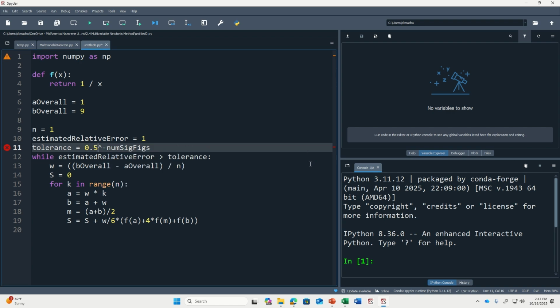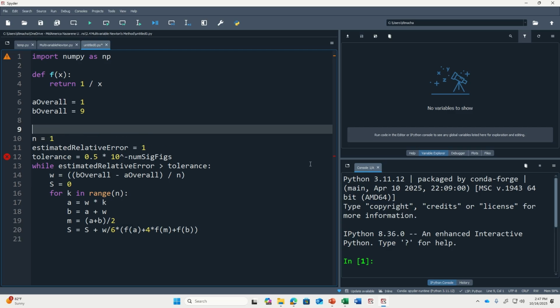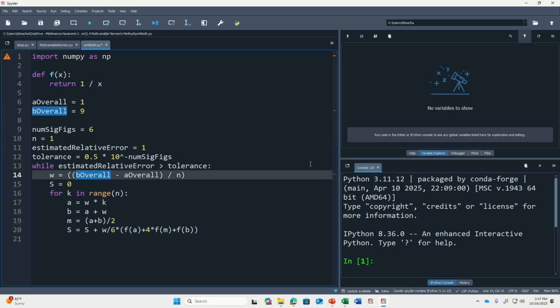No, times 10 to the power negative significant figures. I can't remember if that's the exact formula. I need to look at that more closely. So how many significant figures do we want? 6.